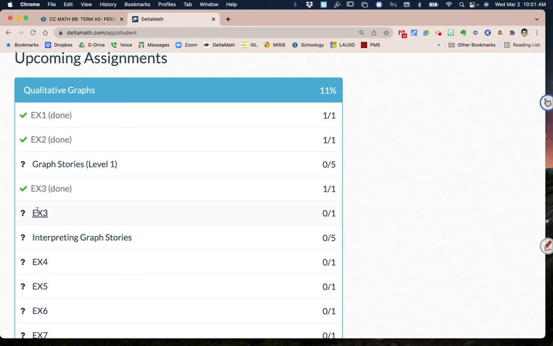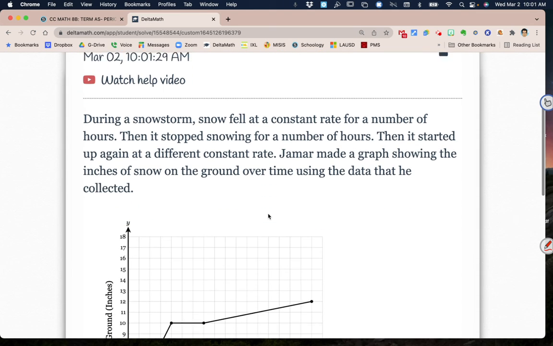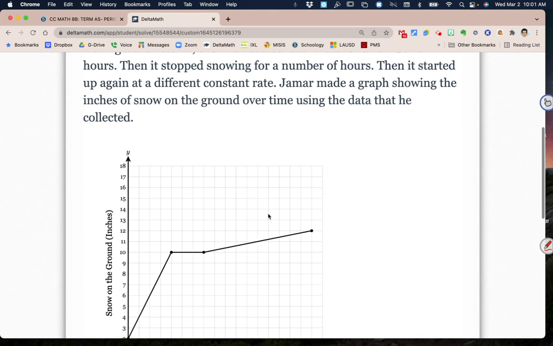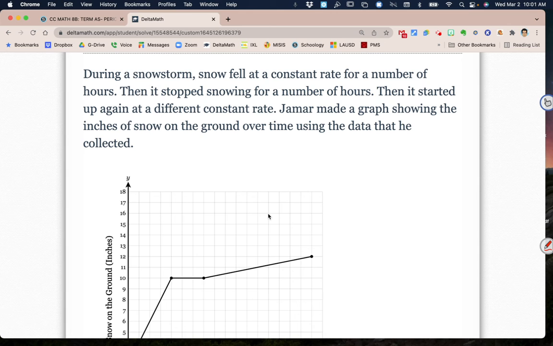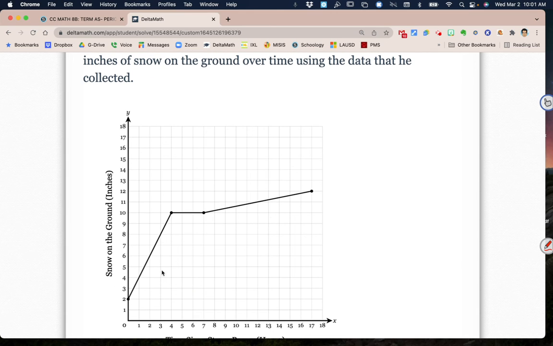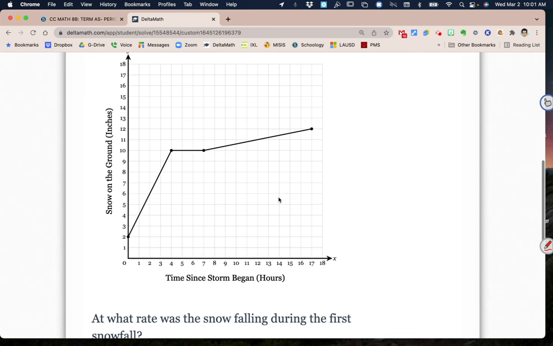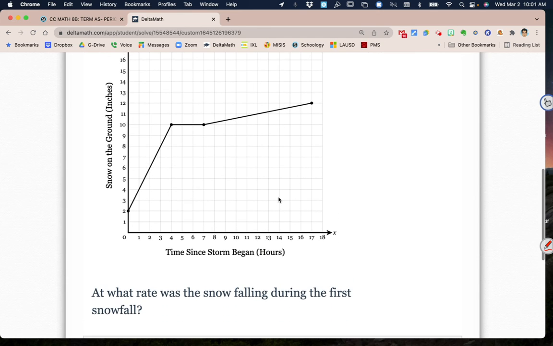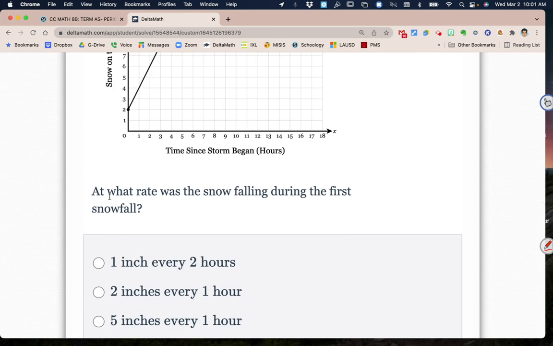Let's try number 3, the second one. Okay, so now it deals with falling snow. Snow on the ground, so it looks like we had a snowstorm. Then it stopped snowing, and then it started snowing, but not as much, at a slower rate. Okay, so let's see what it says.